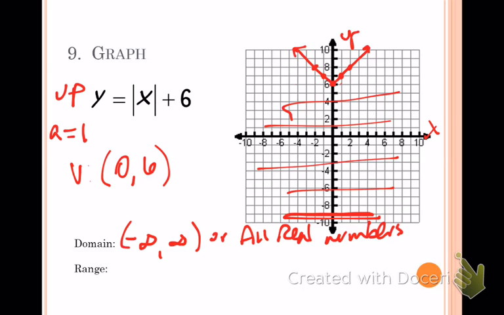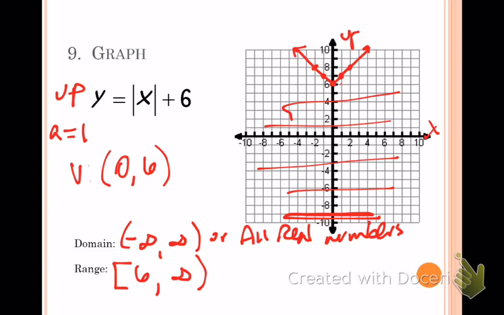It doesn't touch a grid line corresponding to a y value until it gets to 6. So our range starts at 6 and includes 6, so we're going to put a bracket around 6. But then it starts to extend out and up to where it hits all other y grid lines going to positive infinity. So our range is going to end at positive infinity. And so that's how you would write the range.